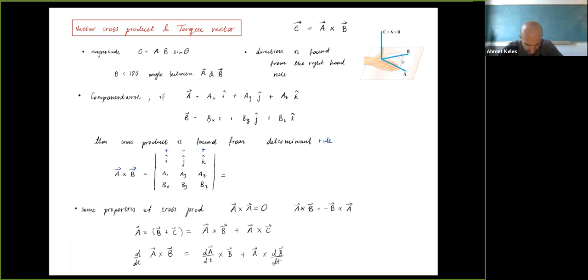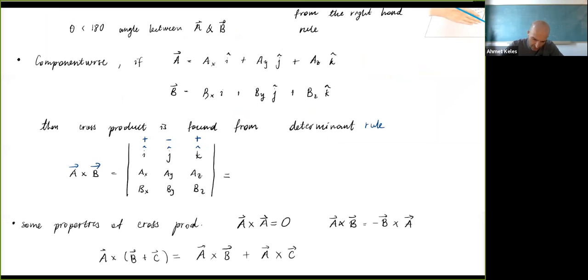So we can also define this cross product in terms of components of A and B. Imagine A is written like this, AX, AY, and AZ, and B is written like BX, BY, and BZ. The cross product C is found from this so-called determinant rule. This is not actually a determinant, but it kind of looks like one. The way we do this is as follows.